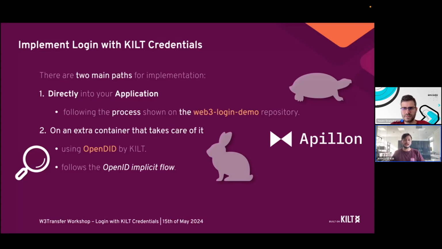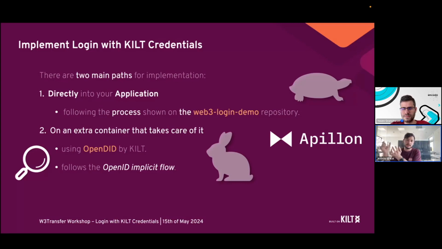Or you can just implement it with an extra container that takes care of it, so an already done version. For example, using OpenDID by KILT, we have this solution that's already made, a containerized solution that you deploy. So we give you the code and you have the container, you deploy it.